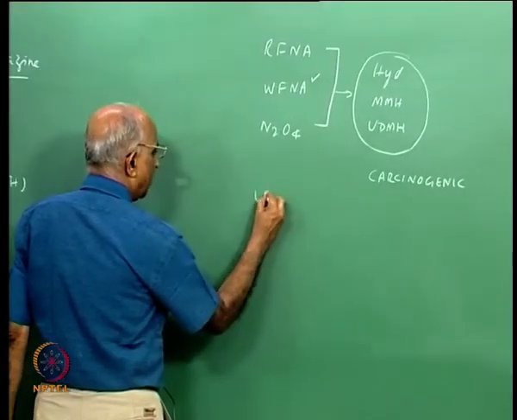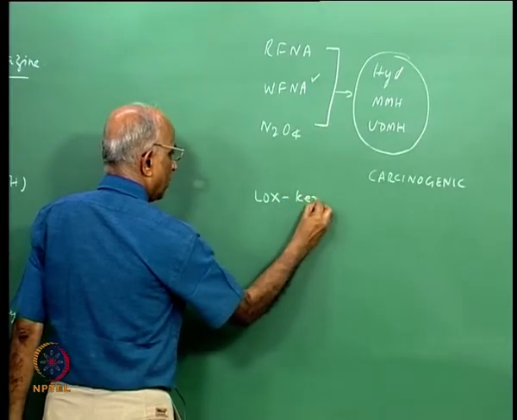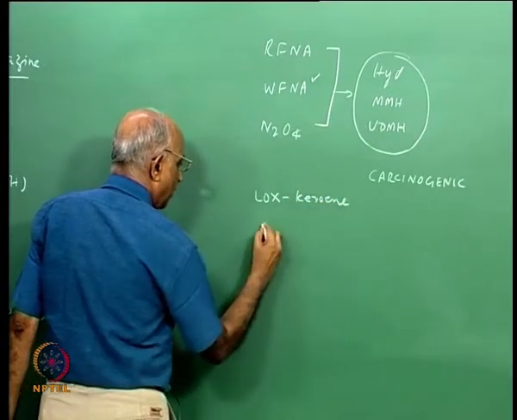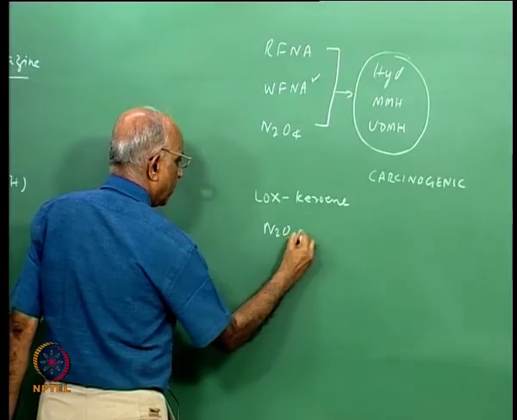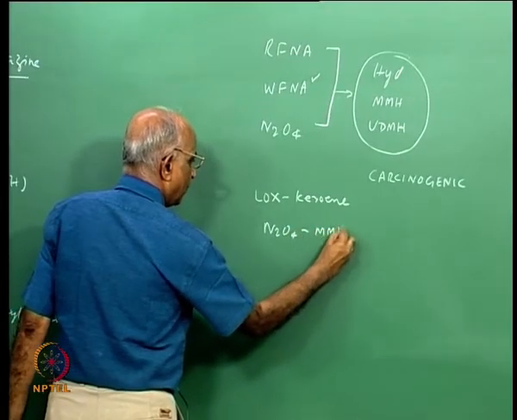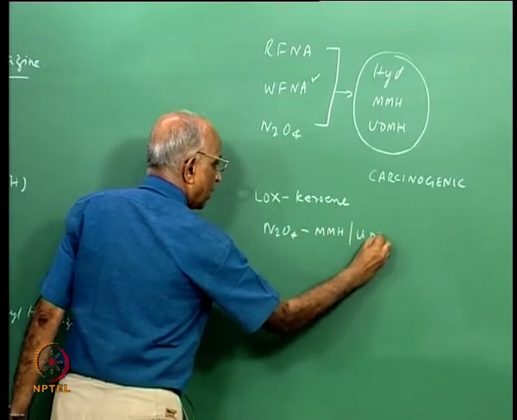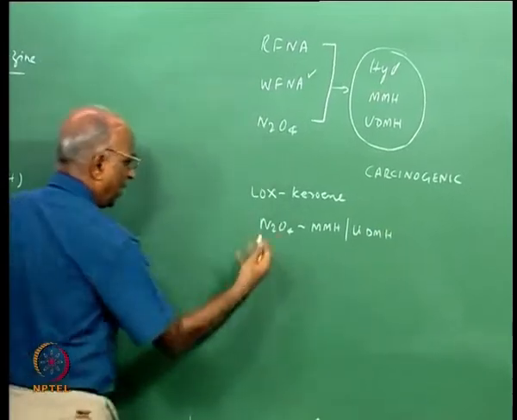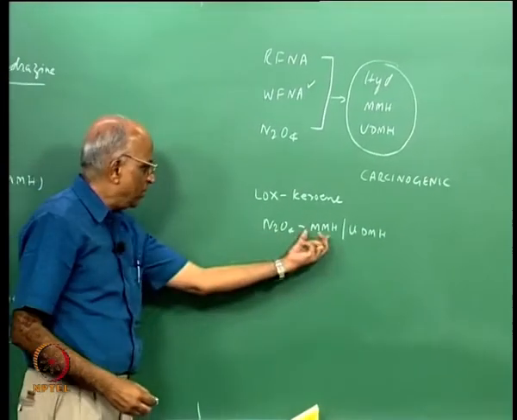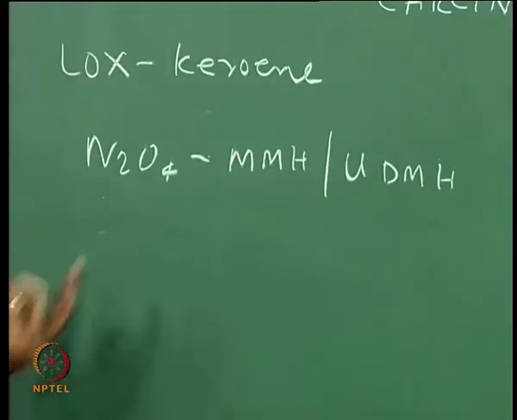I said in addition to LOX kerosene, I could have N2O4 with monomethyl hydrazine or with unsymmetrical dimethyl hydrazine, either or, MMH with N2O4 or UDMH with N2O4.